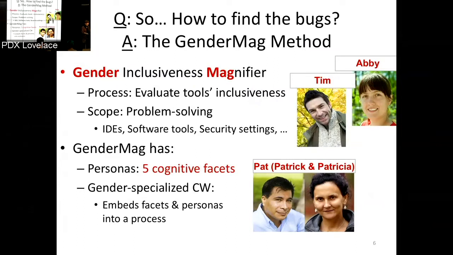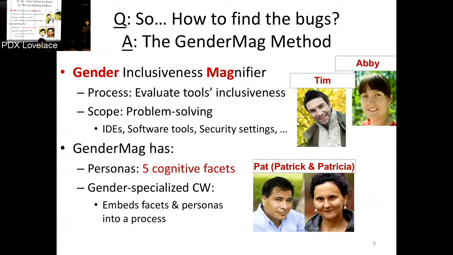That's what we thought. And then we started using it on everything. We found out, gosh, most user interfaces are so terrible. People have to problem solve to just do it. So they're always problem solving. Anytime the human is problem solving, that's the right place for GenderMag to help, which turns out to be almost all software. Okay, so what actually is this GenderMag thing?